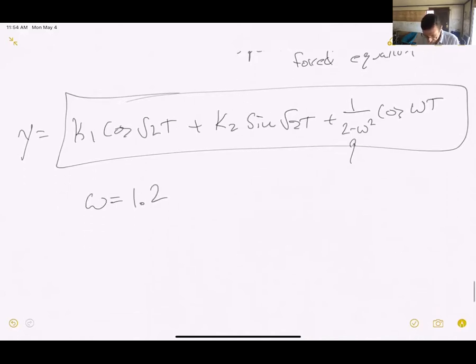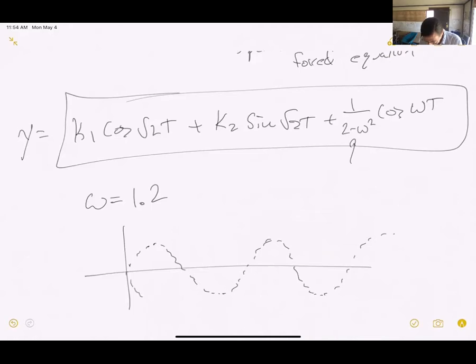And they show this picture. It's a beautiful picture. It looks like the following. It looks like there's a sinusoid. Try to draw this carefully. And if you look at its negative, the actual solution oscillates between those.